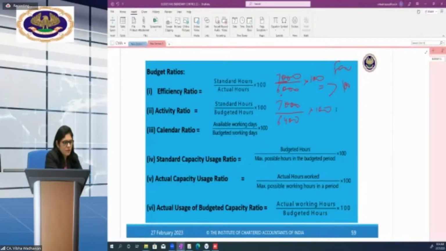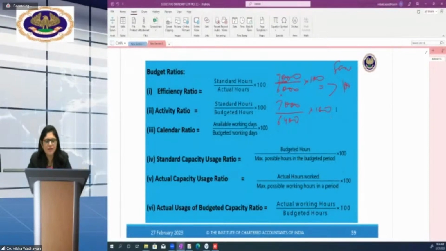Be ready with the ratios, all of you. Yes, 7,000 divided by 6,400.